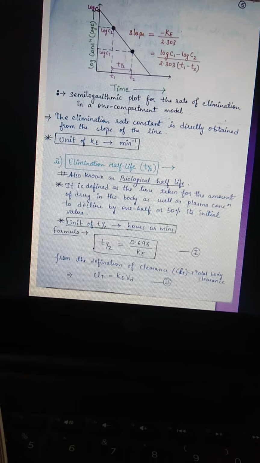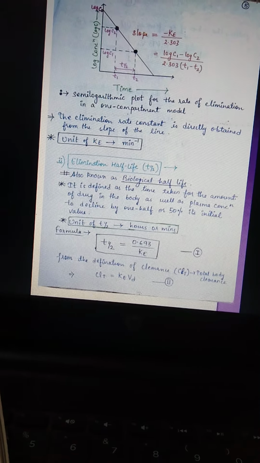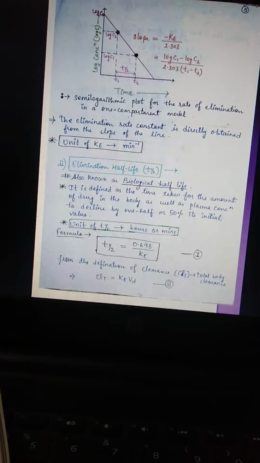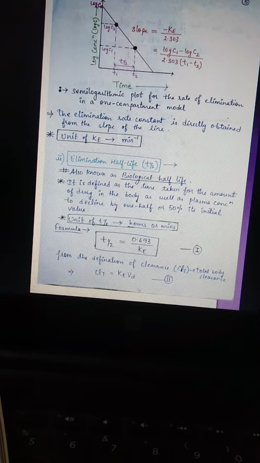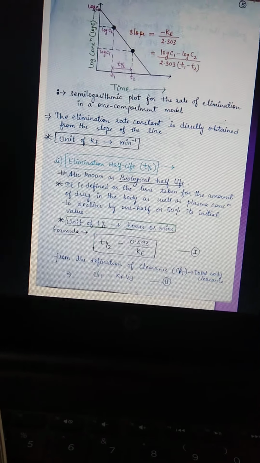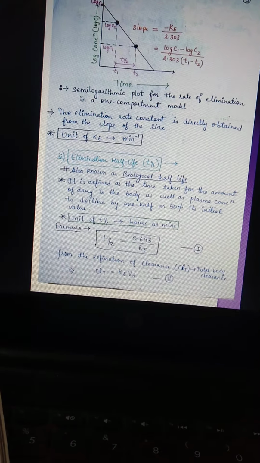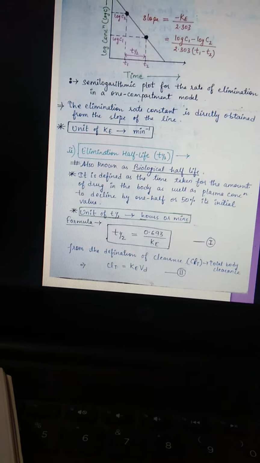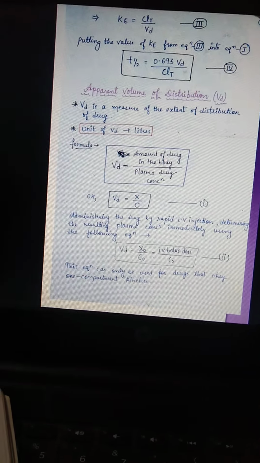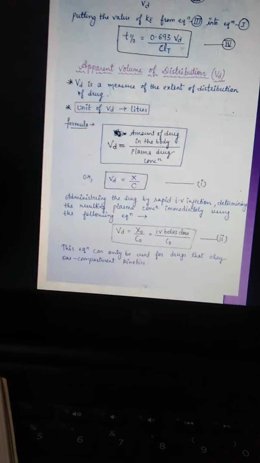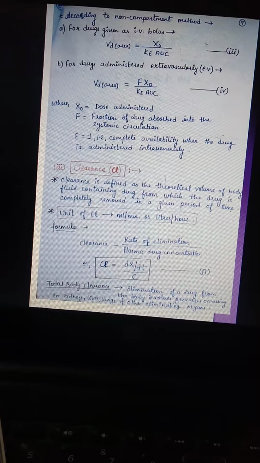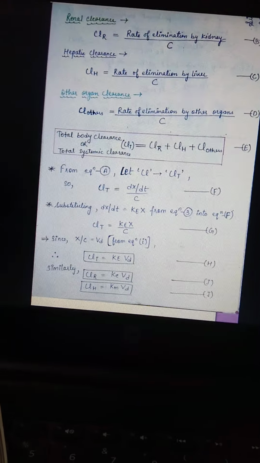So clearance, CL, is the theoretical volume of the body fluid containing the drug from which the drug is completely removed in a given period of time. This is what we have talked about: apparent volume of distribution, clearance.